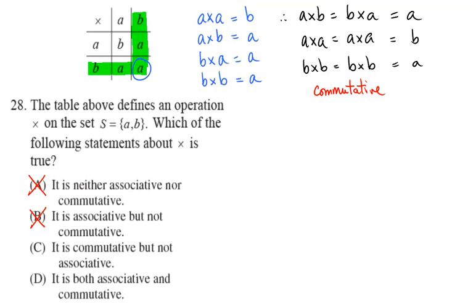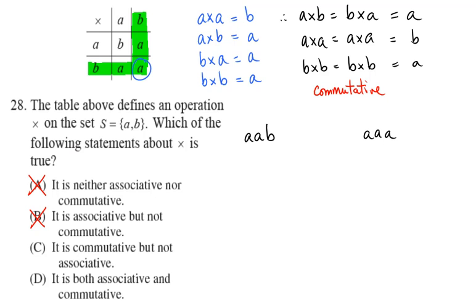Now how can we test associativity? Well, associativity really, unlike commutativity, which only uses two operands, needs three operands. And so if we were starting with A times A, we could add another operand, and that would be either AAB or AAA.